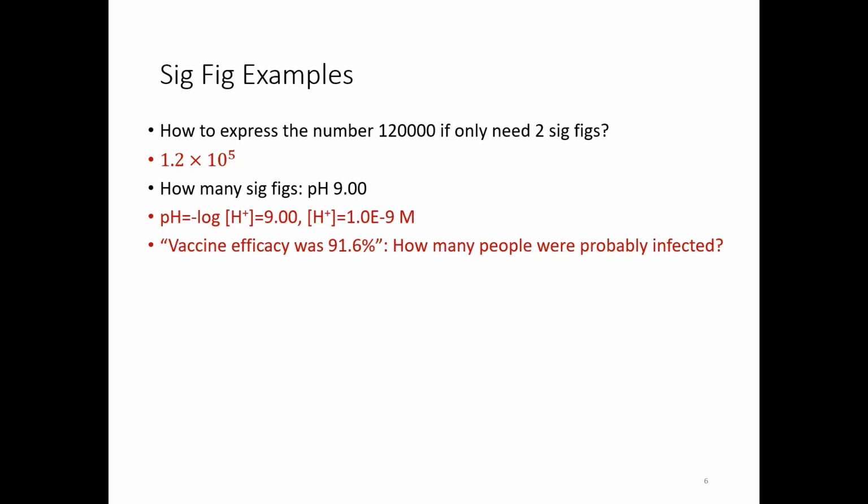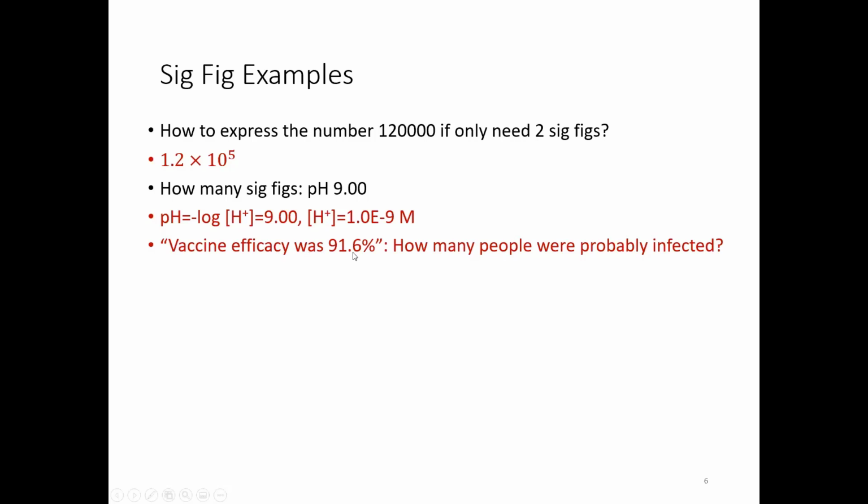So let's say 1 person in the treated group got COVID, and 100 people in the control group got COVID. Then we take the ratio of these 2. That's 1%, right? 1 over 100, that's 1%. Use 100% minus that 1%. That'll give the efficacy.